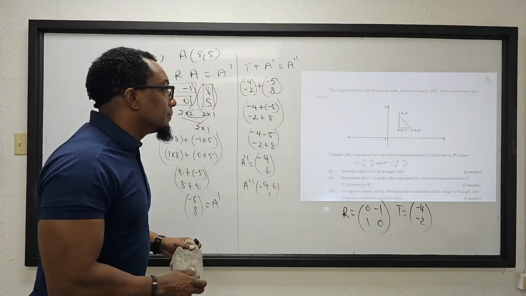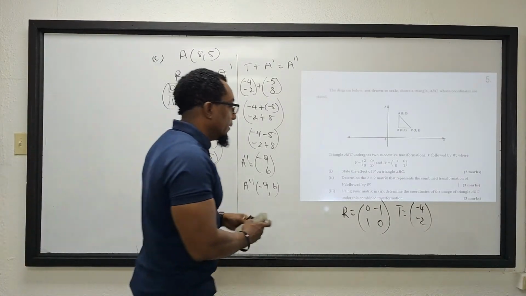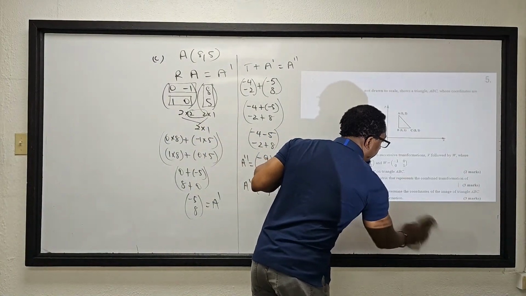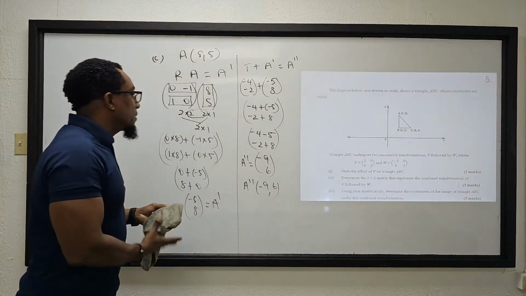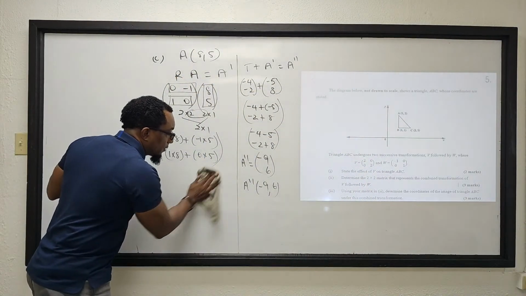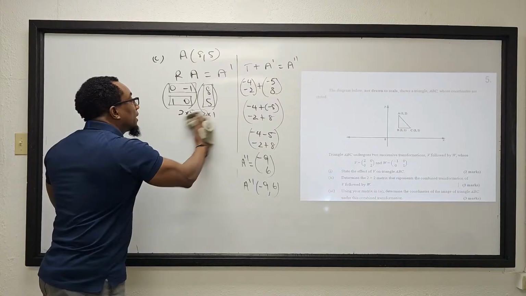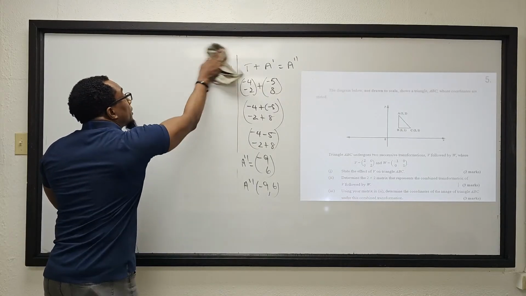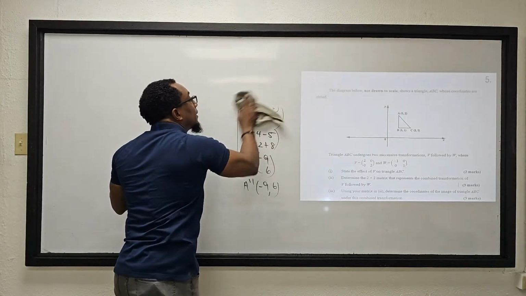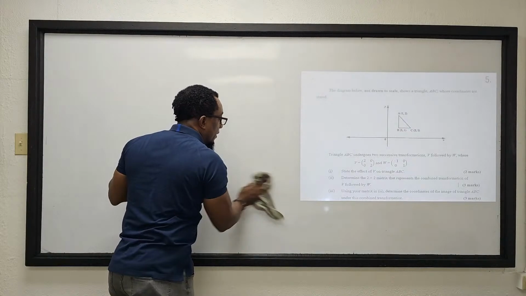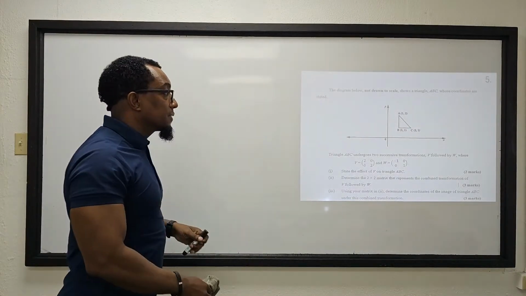Okay, so let's look at one more question. So looking at matrix transformations here, carrying out your operations on matrices, addition, subtraction, multiplication, and of course, applying your knowledge of transformations as well.